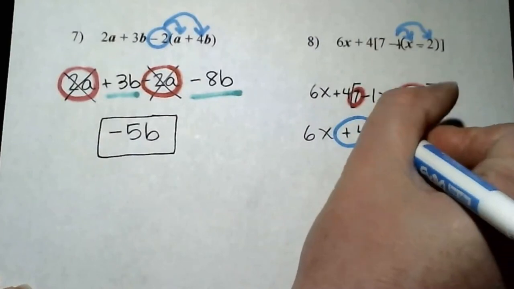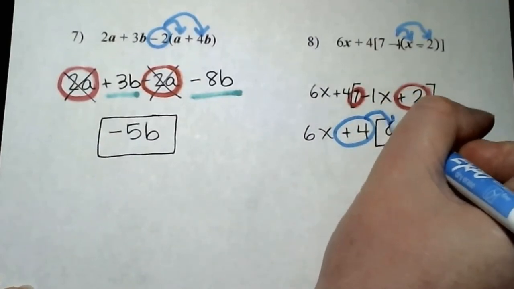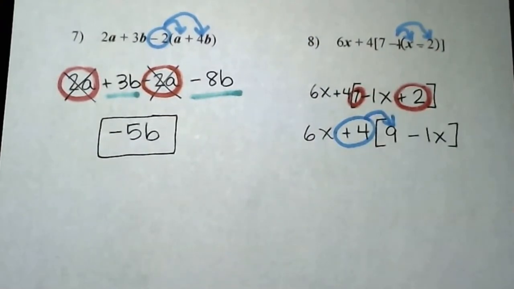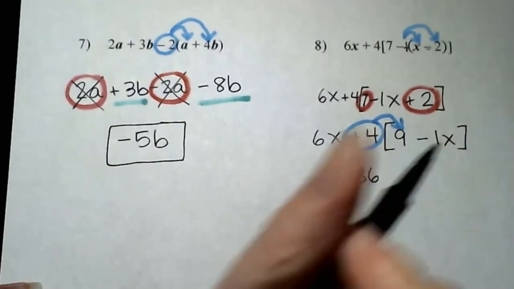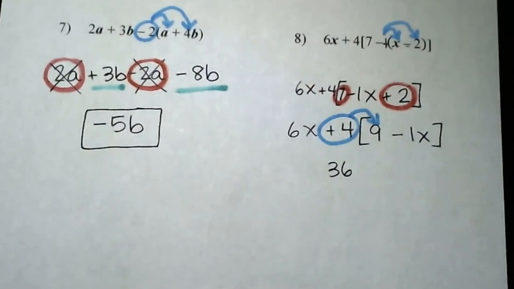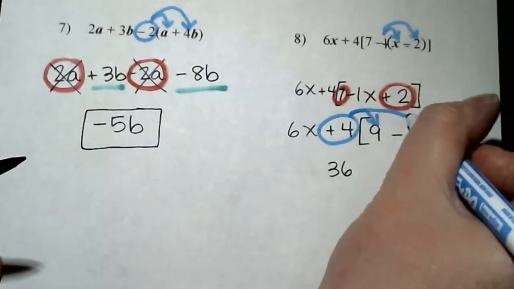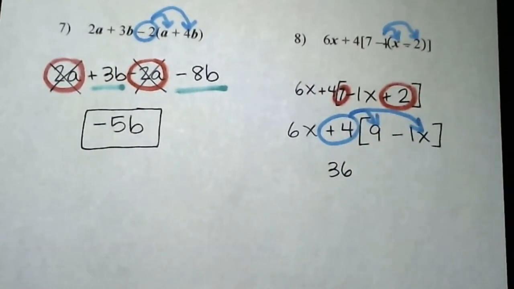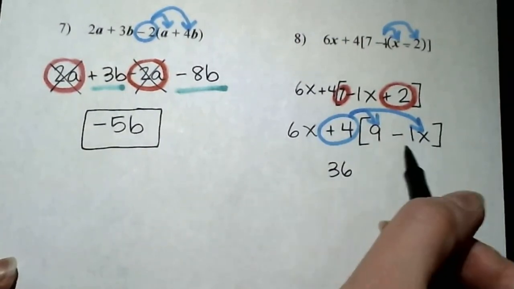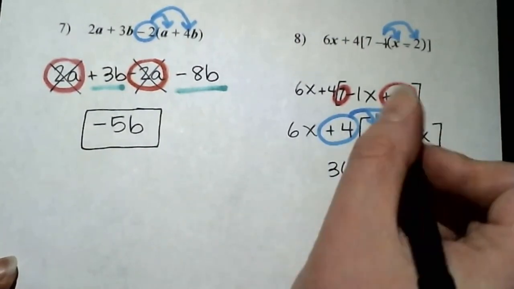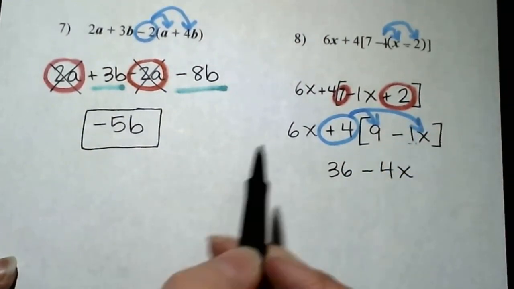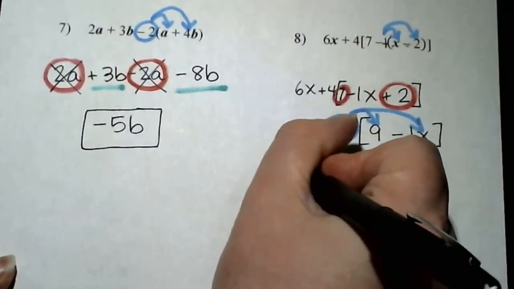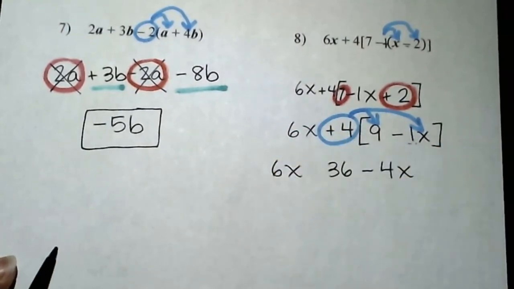So take this positive 4, multiply it to the 9. 4 times 9 is 36. And distribute this 4 to the -1. Positive 4 times -1 is -4x. And I'm going to drop down the 6x in front.